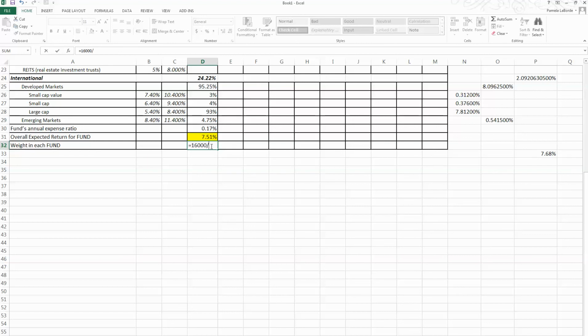So I need to do $16,000 divided by the total that they have, which is the $32,000 that Joe has, plus the $12,000 that Jane has. So about 36% is invested in the Life Strategy Fund across Joe and Jane.